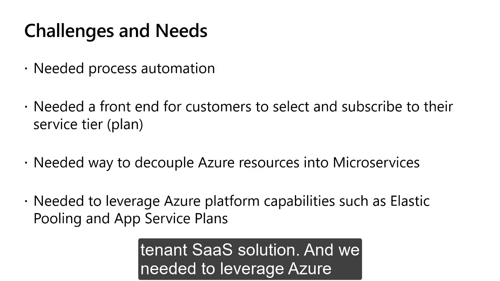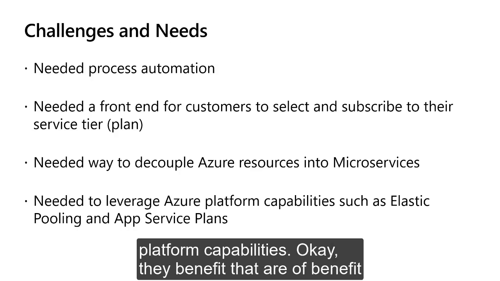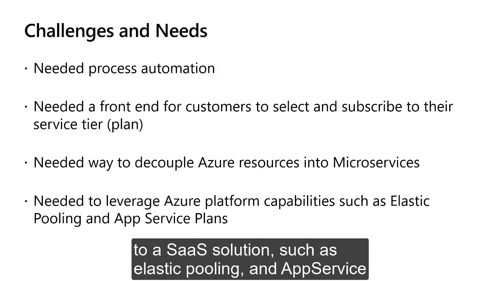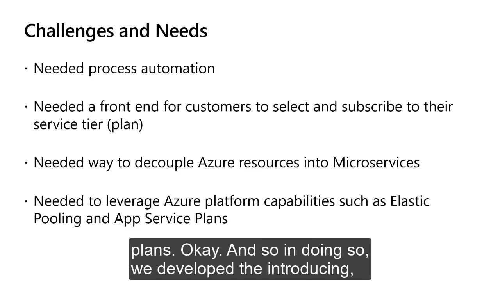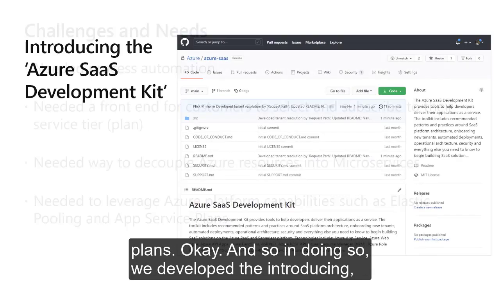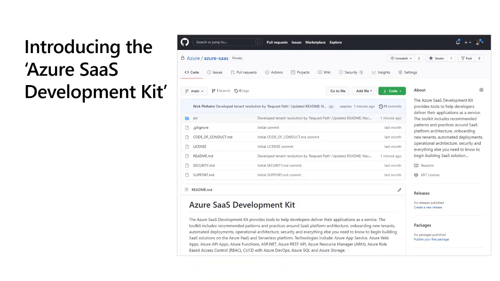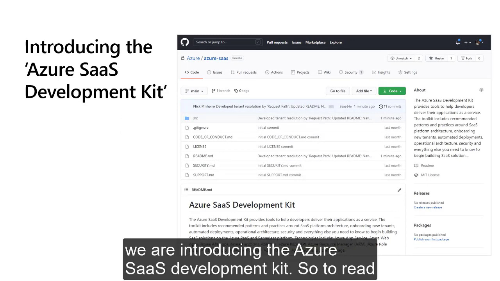And we needed to leverage Azure platform capabilities, okay, that are of benefit to a SaaS solution, such as elastic pooling and app service plans. Okay? And so in doing so, we are introducing the Azure SaaS Development Kit.